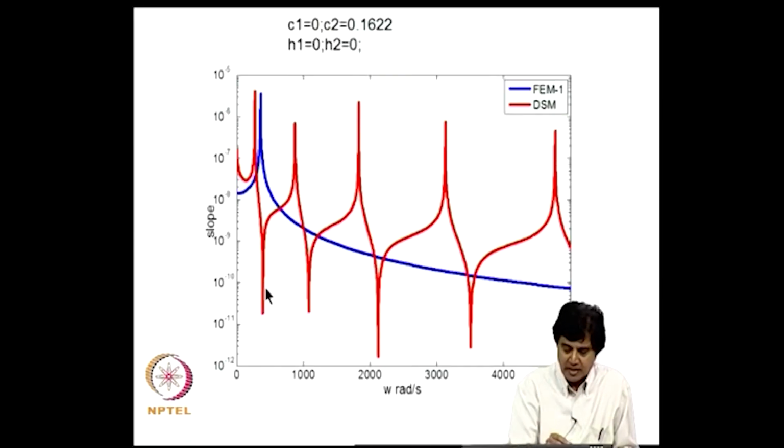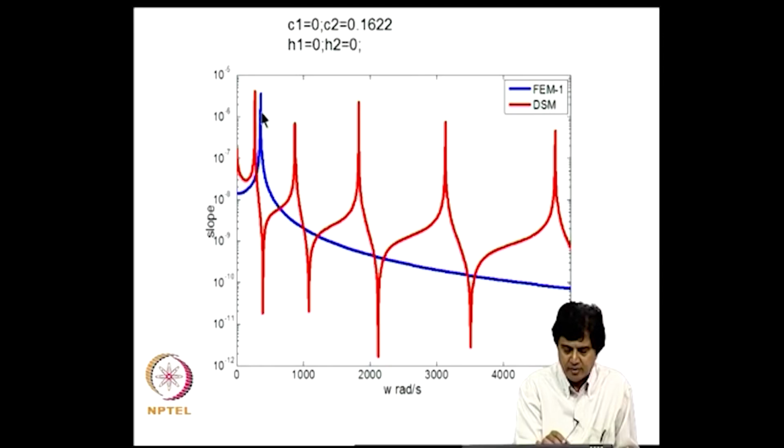So, the red one is the result from the dynamic stiffness matrix analysis. It continues to be valid over a wide frequency range, whereas the blue one is a solution from one mode approximation from FEM. Qualitatively it is fine, it is picking up this first mode, but there is error. I think even this error we have computed in our earlier calculations, that number is there in our earlier lecture.